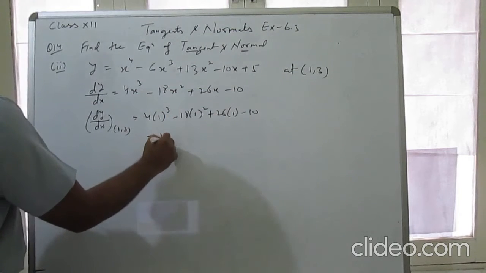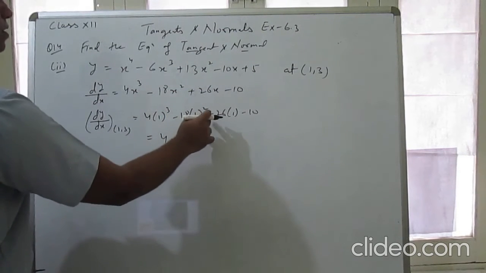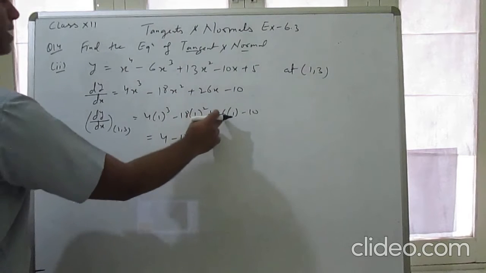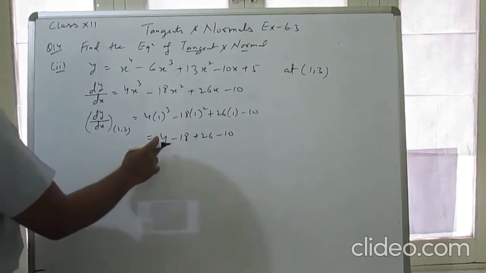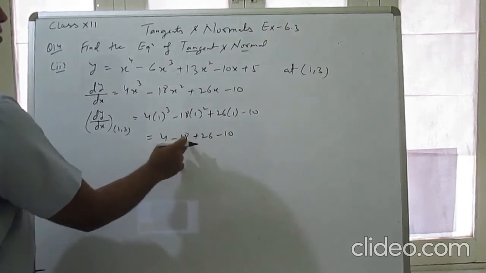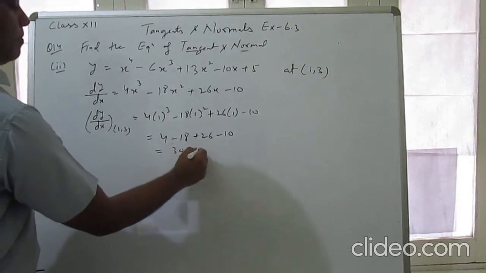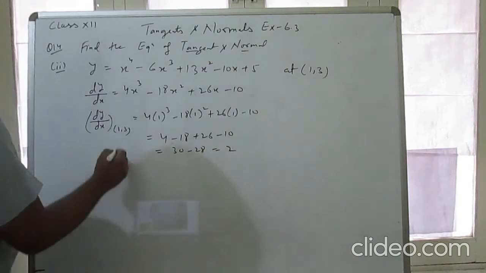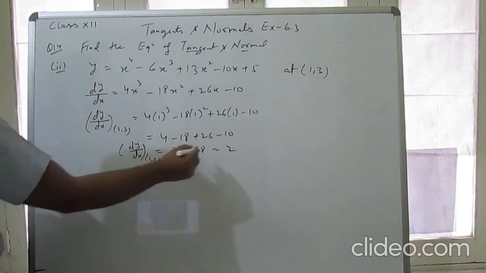So it is 4 minus 18 plus 26 minus 10. Plus 26 and plus 4 is 30. 30 minus 28 is equal to 2. So dy by dx at 1, 3 is 2.